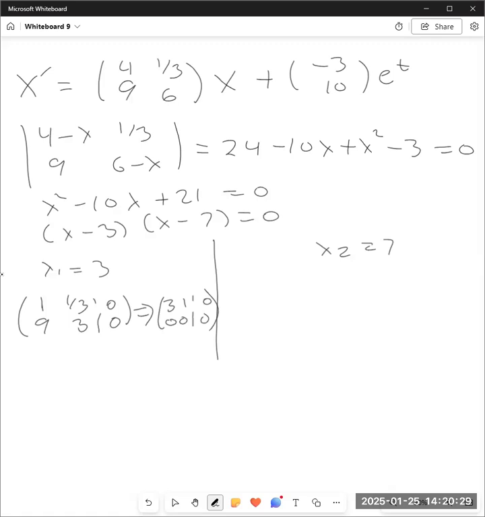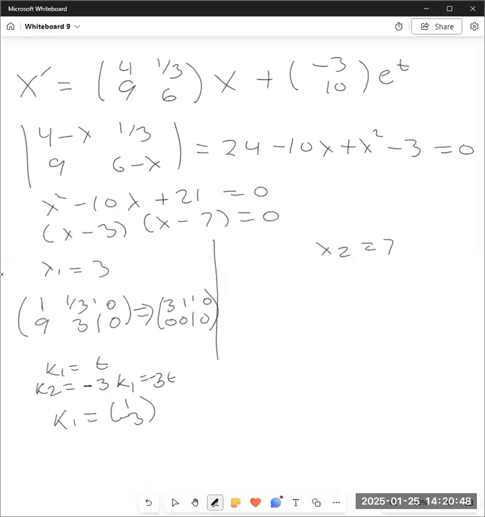So K2 is equal to -3 K1. K1 will be t, this is -3t, which makes my K1 equal to [1; -3].